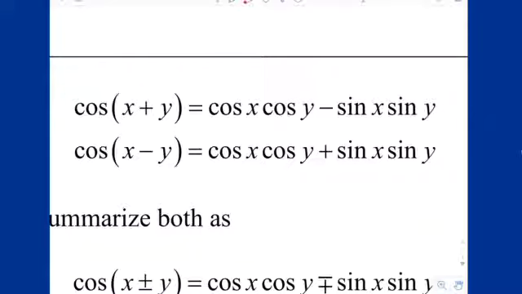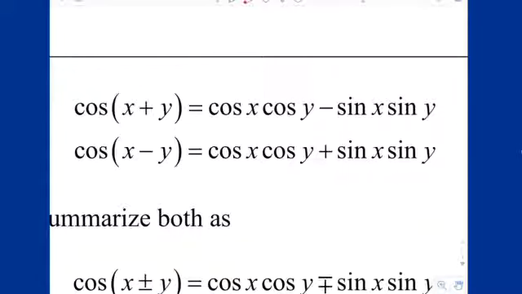Very good. What do you notice about here? If we got a plus sign over here, it becomes subtraction. And if we have a subtraction sign here, it becomes addition. So with the cosines, the sign does change. So if you have two angles that are added, you're going to subtract those two. And if you're subtracting two angles, you're going to add them.